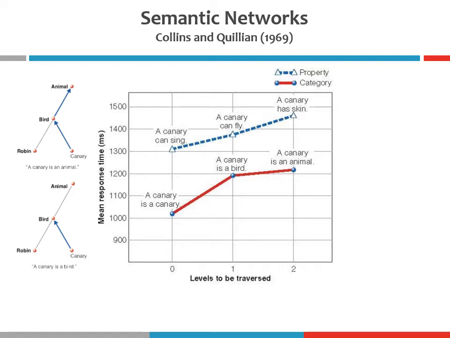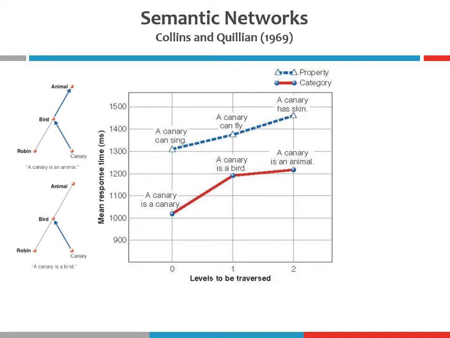Because they have to go higher up in the hierarchy to answer a canary is an animal than a canary is a bird, right? So another way to say that is that the node for canary is closer to the node for bird than it is to the node for animal, right?